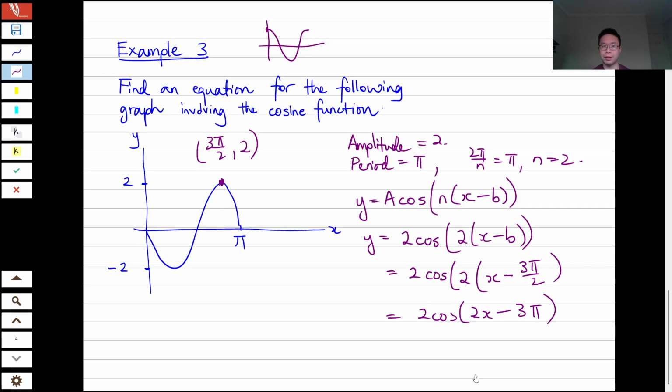Yep, that looks okay. And by symmetry, I can actually rewrite this as 2x minus π because if I add or subtract 2π to an angle, the angle hasn't changed. So I'm allowed to do that.